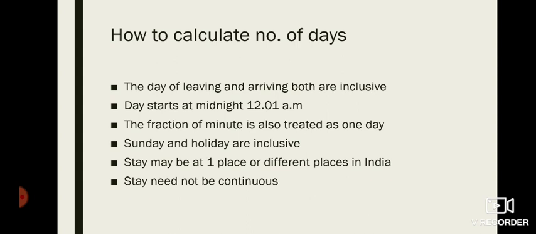That is, when we are calculating number of days stay, 1st January is treated as a day of stay in India itself. I left India on 1st January, but still for some time I was there in India. That is the reason it is considered as stay in India.